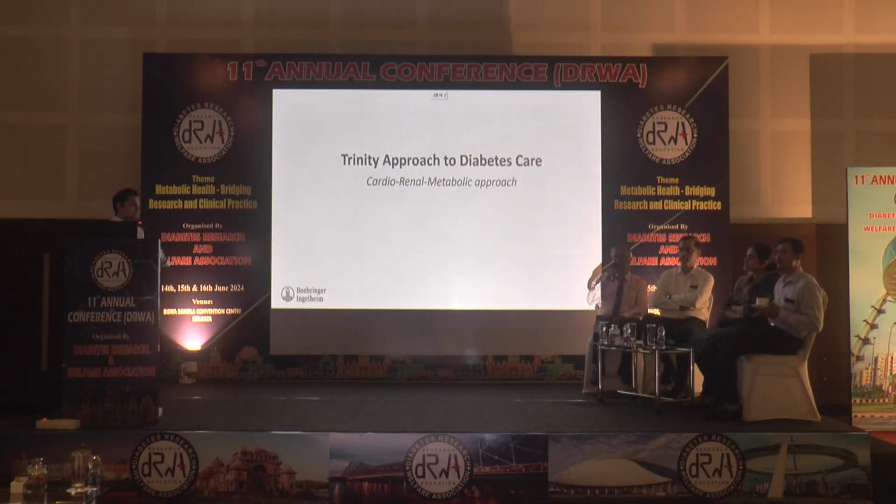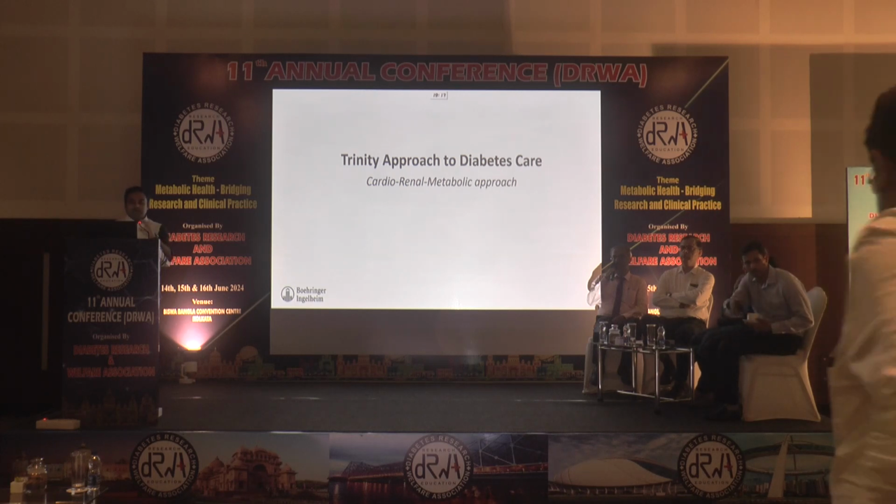So pathophysiologically, these three entities are interlinked, and one can affect the other's outcome. To manage type 2 diabetes mellitus, we should not have the approach of glycemic control only, but we should also think of cardiac and renal complications management.